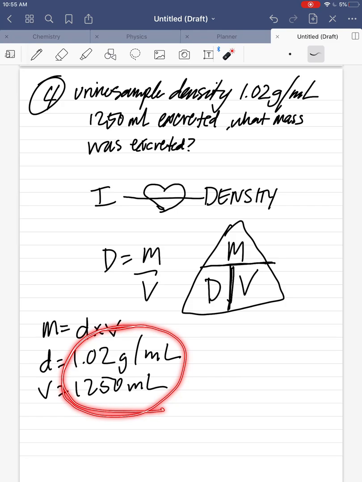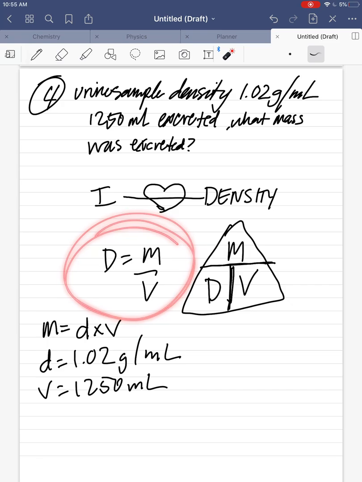But on the test, they may give you liters, or quarts, or something crazy like that. Make sure that when you put things in a formula like this, your units match. And they do, because here's milliliters and here's milliliters. If we're talking about mass in SI units, then it needs to be in kilograms, but we'll see what the answer choices are.